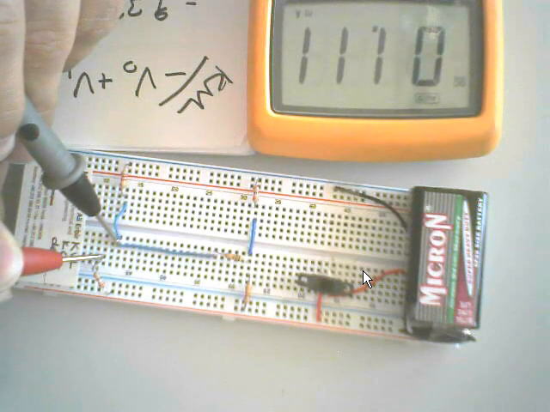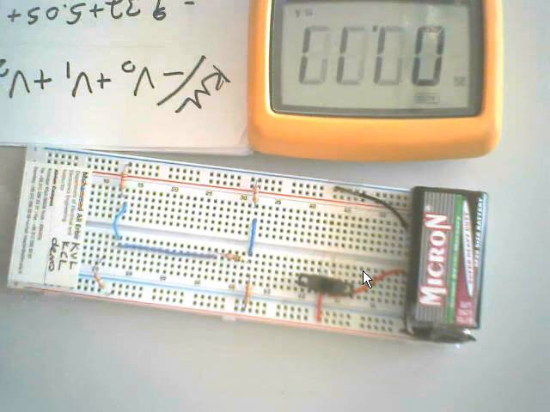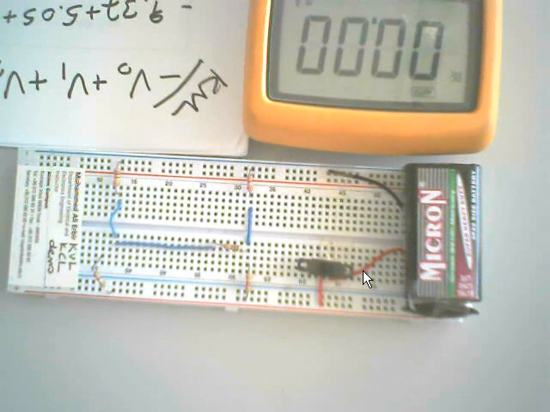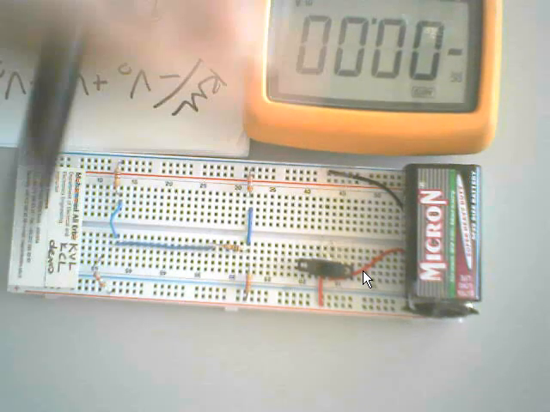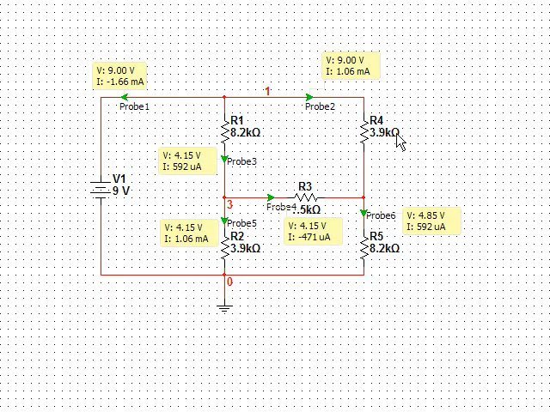And what you see is 1.1 milliamp. I3 is 1.1 milliamp. Do we expect it? Let's look at the simulation values. Okay, it's expected. It's very close to this value. This is I4.